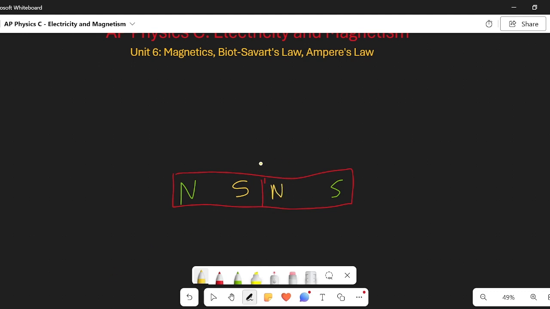So magnetic monopoles have never been found. Thus, for the AP Physics C Electricity and Magnetism exam, assume they don't exist. So if we break a magnetic dipole in half, it'll form two new magnetic dipoles like I showed earlier.